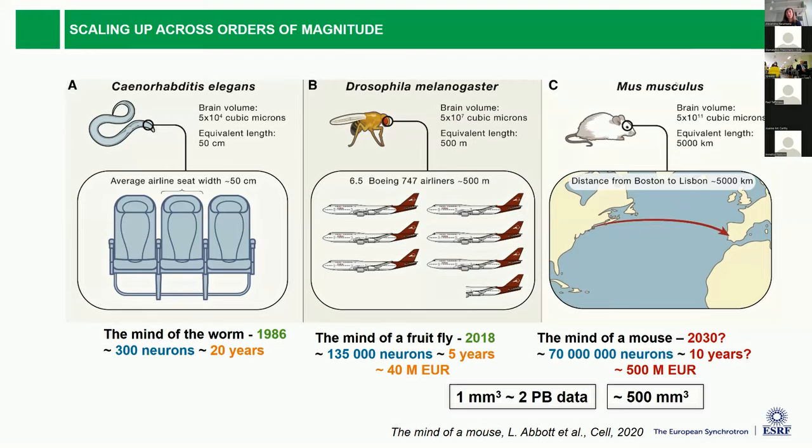And this is very tedious. So the first brain map took about 20 years to make, starting from the 80s. Recently, a brain map of a fruit fly has been achieved, but it took about 5 years of data collection, and it was very expensive, as you can see, tens of millions of euros.